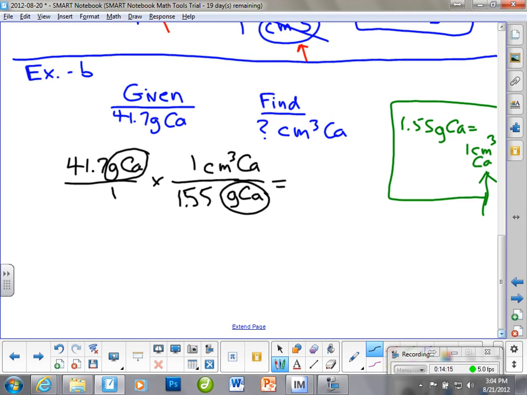And now all we have to do is get our calculator and run the numbers. Now, this is going to be a little different for some of you. 41.7 is on top, so I just plunked that into my calculator. Now this guy is on the bottom, and the way you tell your calculator that is to hit the divide sign.